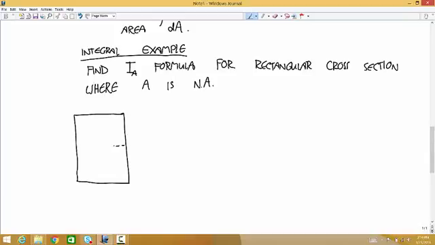Okay, so here's the rectangle. This is the neutral axis. So the neutral axis goes along with the z-axis, and it passes through the centroid of that shape. And we'll say that this rectangle has a height h and a width w.